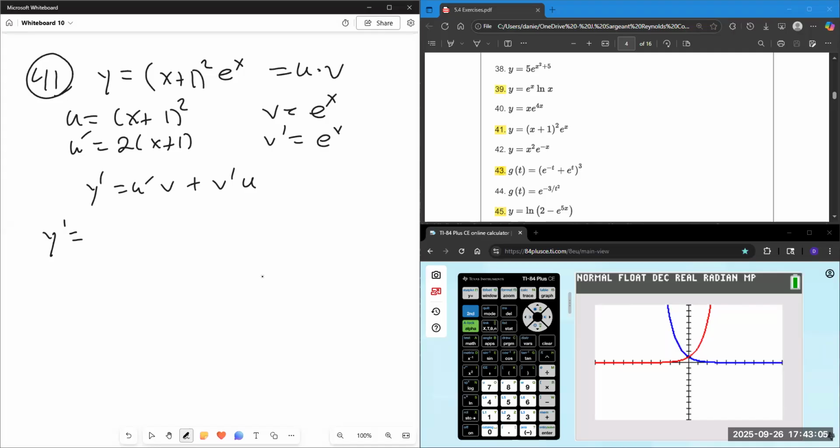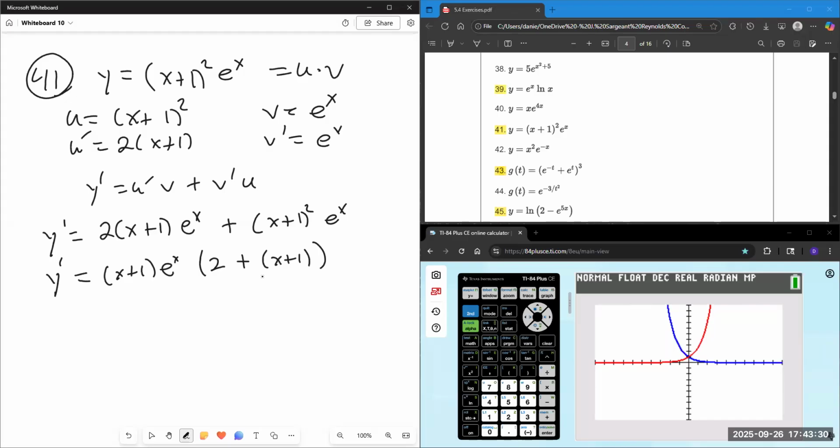So y prime is 2 times x plus 1 times e to the x plus x plus 1 squared e to the x. So factoring out what is common, 2 is not common, x plus 1 is common, e to the x is common. I'm left with 2 plus another x plus 1 here, and the e to the x was common and came out, so y prime is e to the x times x plus 1 times x plus 3.